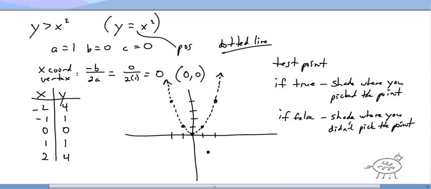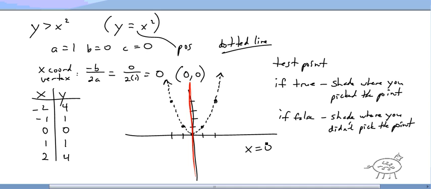So let me give you an example here. First of all, I personally like to pick something on the y-axis. The reason is, what's our value of x over there? Our x value is always 0, and that's really handy when you're plugging it into a nasty equation.